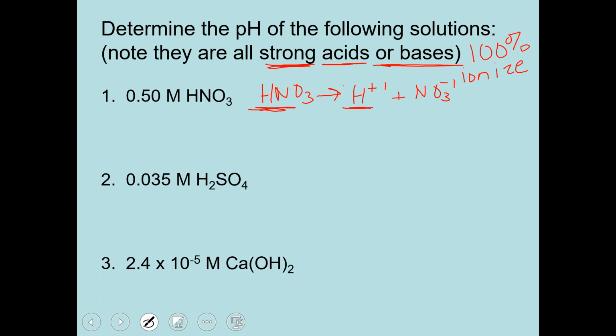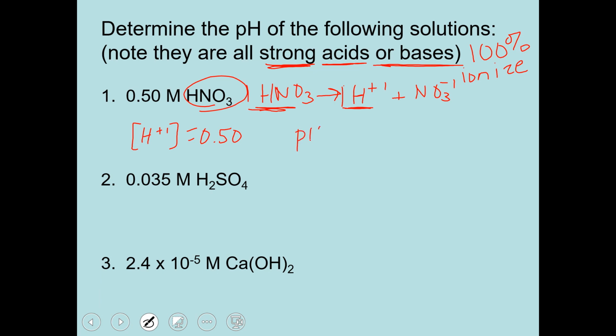Remember back to the solutions unit in Unit 10, where we learned that if it breaks apart and it only makes one, then the concentrations are on a 1-to-1 ratio. So the concentration of the hydrogen ion in this solution is 0.50 because when this breaks apart, it only gives you one hydrogen ion for each mole of HNO3. So that makes it easy now.